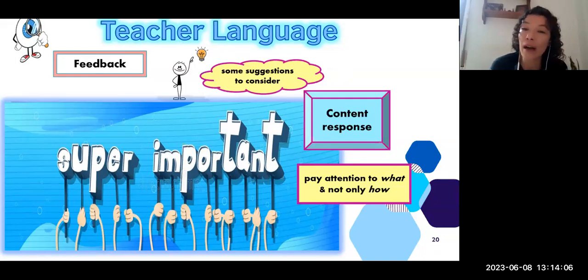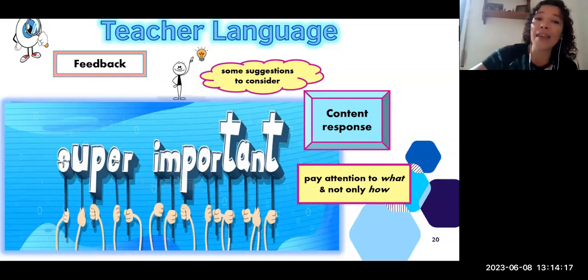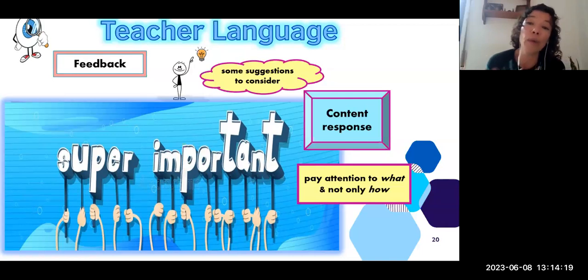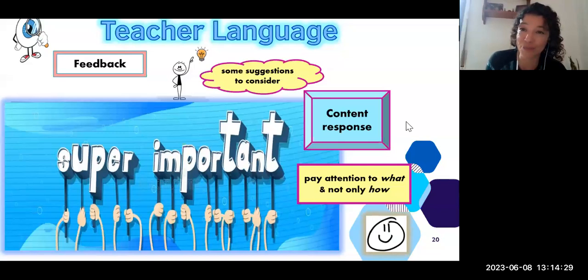So I think what I find really important about this part of our teacher language is to really pay attention to what are they saying? What are they telling me? And by doing that, I think we can also work towards motivating them much more to speak more, to write more and to participate more. That is what I feel about that.